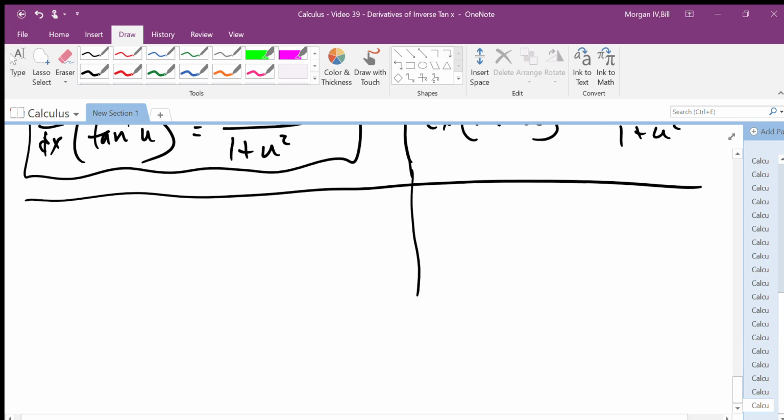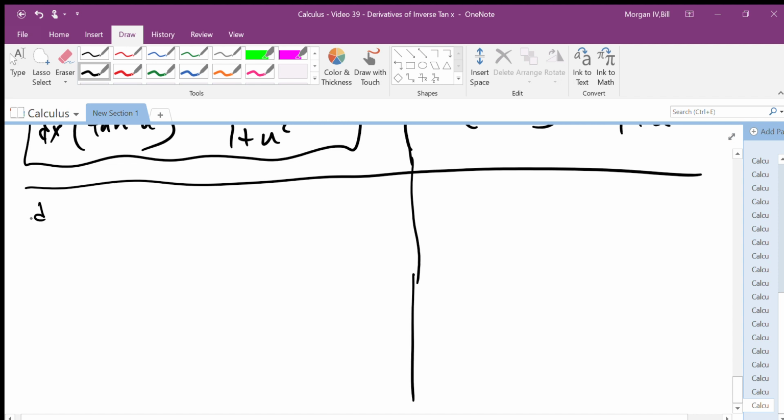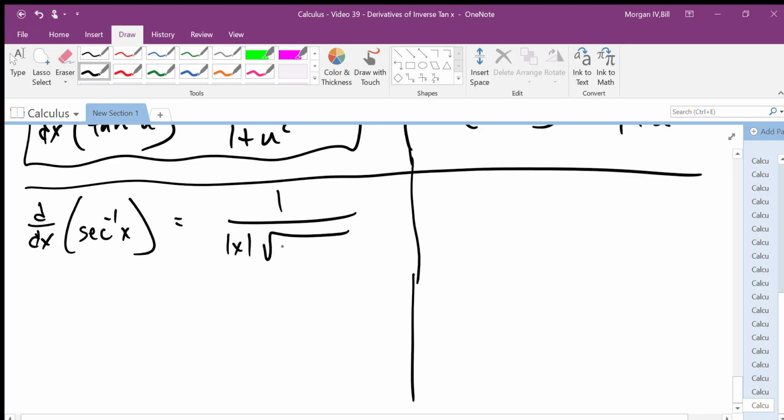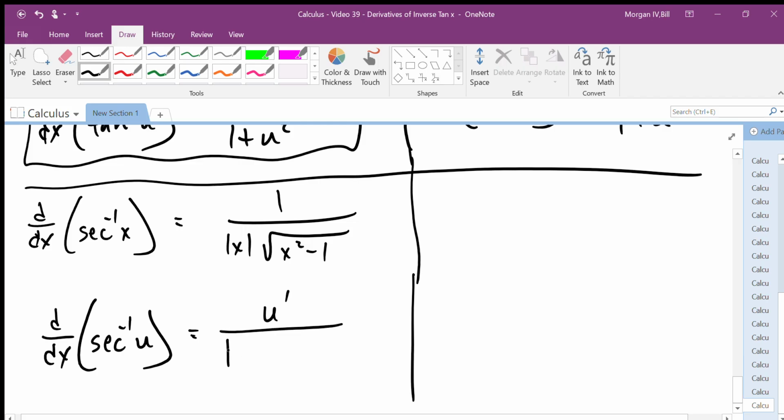And finally, we have the derivative of the inverse secant of x is 1 over absolute value of x square root x squared minus 1. But more importantly, the derivative of the inverse secant of u is u prime over absolute value of u square root u squared minus 1. Again, that's the one I want you to know.